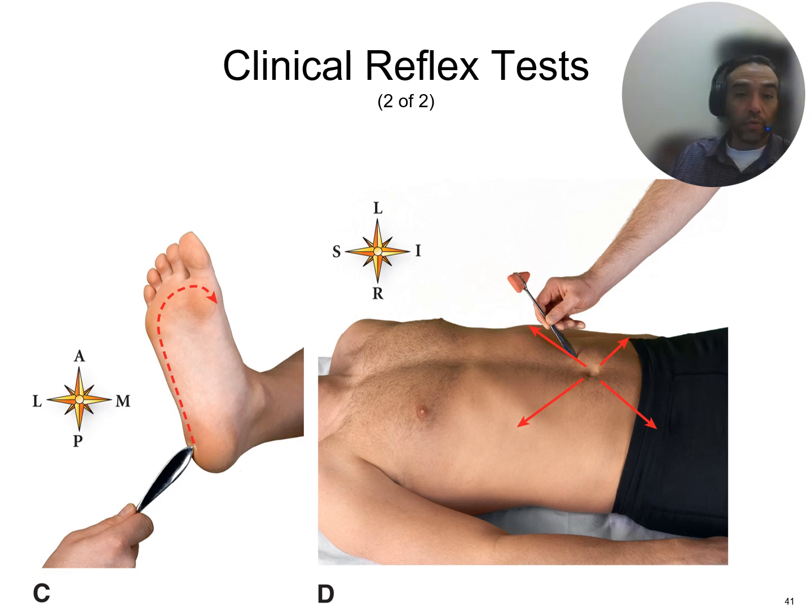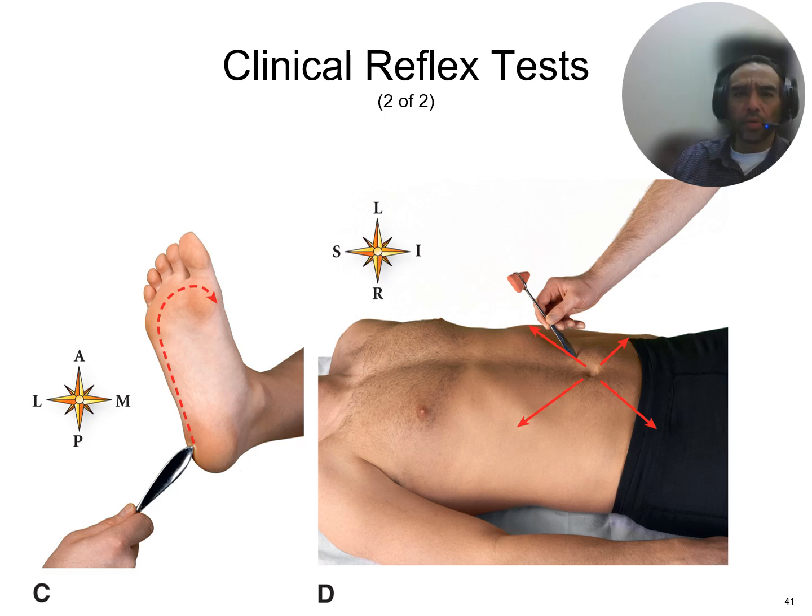But let's talk about a few others that are not on this slide, but are in your textbook. The biceps reflex. Your textbook doesn't have a picture of this, but it mentions it. You test it by tapping the biceps tendon in the antecubital fossa, which is just right there where they draw blood. This results in contraction of the biceps muscle and flexion of the forearm.